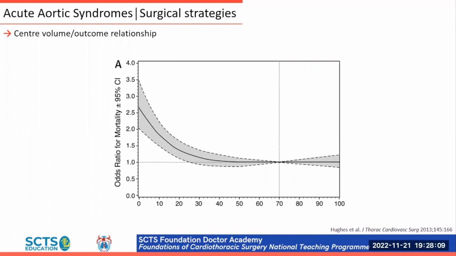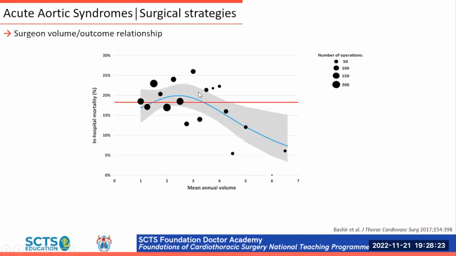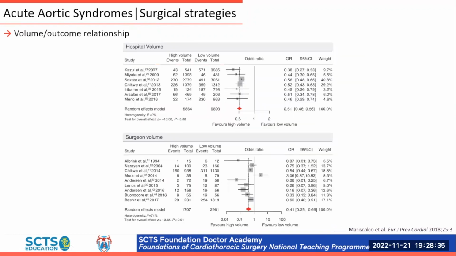You can see here, this study was published in 2013, a decade ago, which showed that the best results are achieved by centers performing at least 70 major aortic procedures on a yearly basis. This is a study by Professor Wu, which showed that normally you achieve the best outcome when you perform more than 5 type A acute aortic dissection operations on a yearly basis.